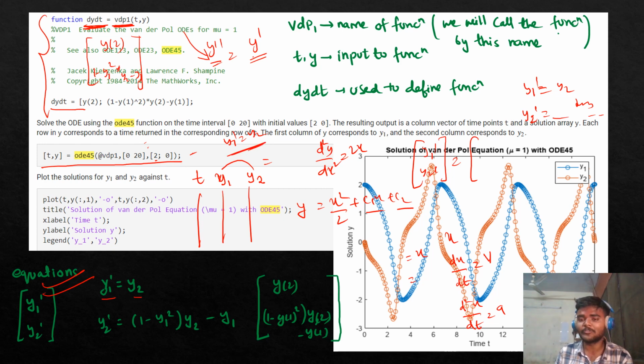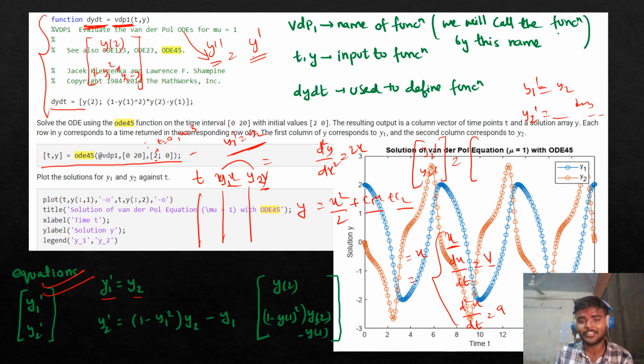If you want to understand with a real example, let's suppose x is the distance, so dx/dt is velocity. So this will be x and this will be velocity. That is the initial condition here. This is for distance, meaning at t equal to 0, what will be the value of x?